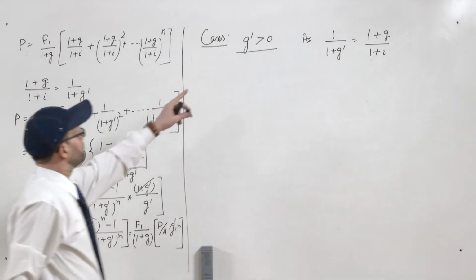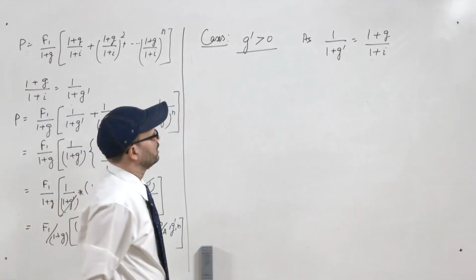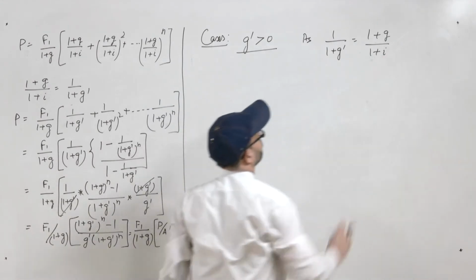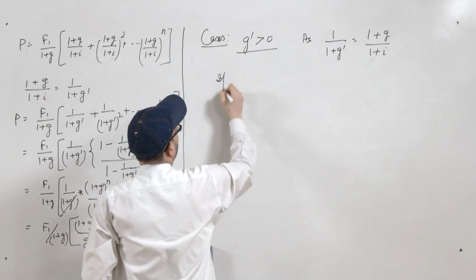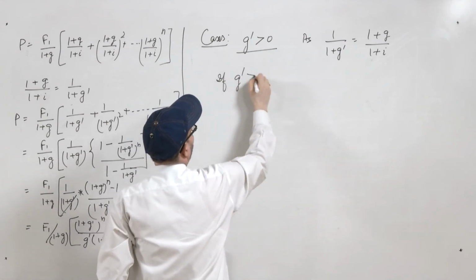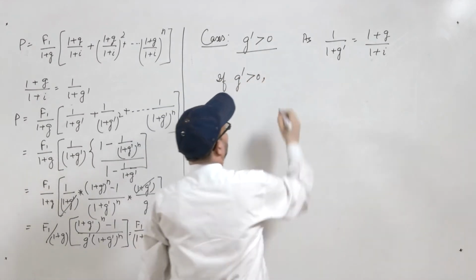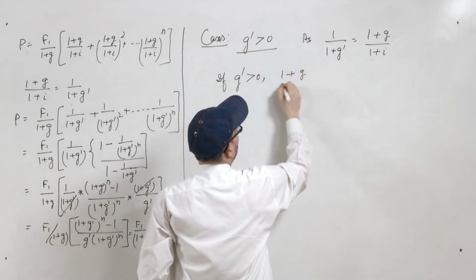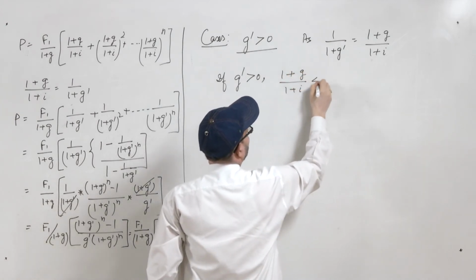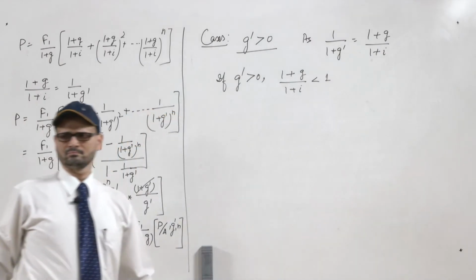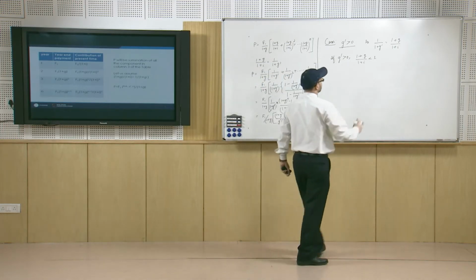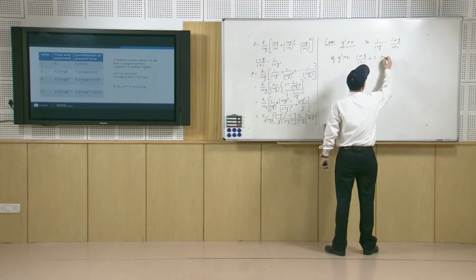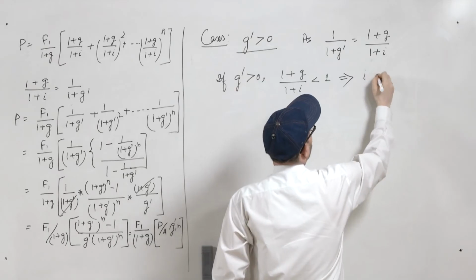So, if g prime is greater than 0, this quantity, (1 plus g) by (1 plus i), will be less than 1. This will lead to the correlation that i is greater than g.